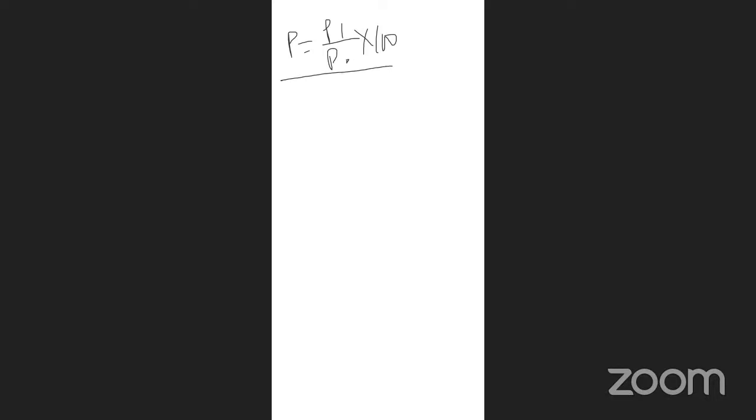What is P1 divided by P0? It is 6 divided by 5.75 into 100. So calculate this value.